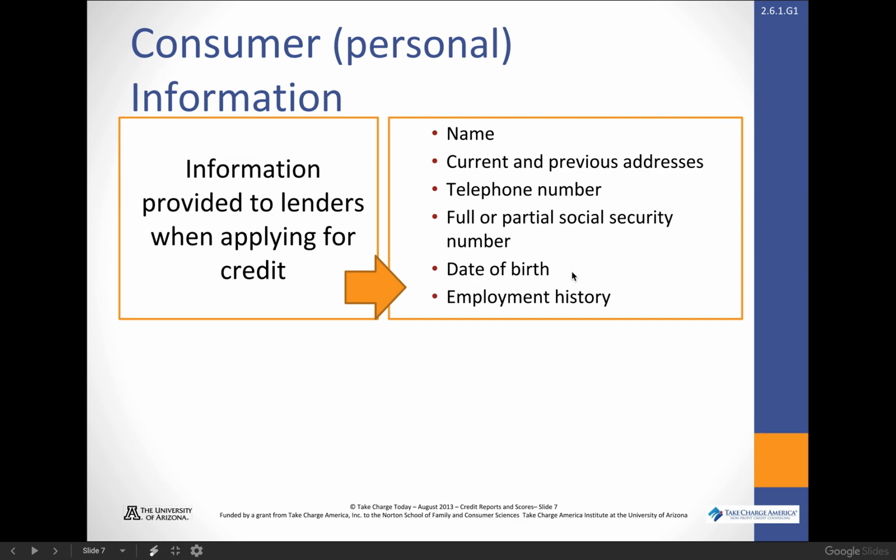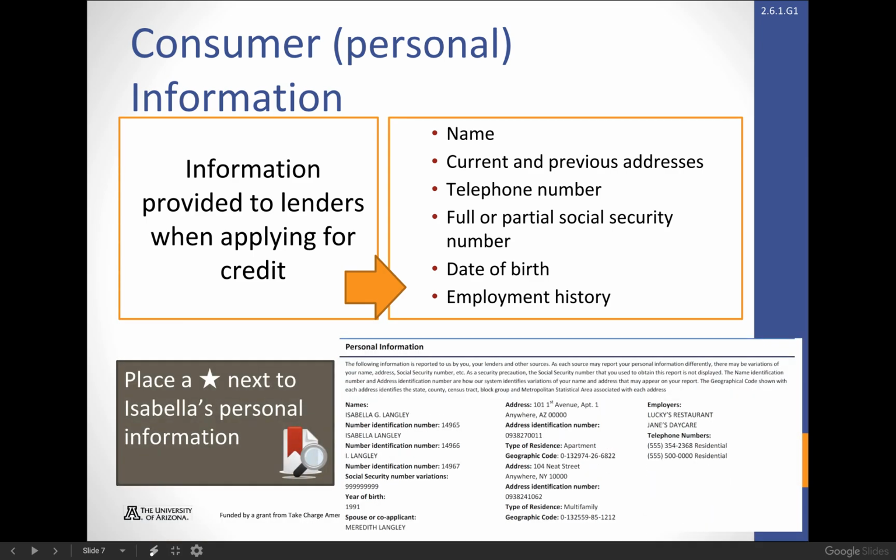They're also going to include my birth date and possibly some employment history if I disclosed that to the lender. Some lenders I don't have to, some lenders I do. So if they have employment history about me, they're going to also transfer that information over as well. And so we see at the very top of the credit report, we have all that information identified.